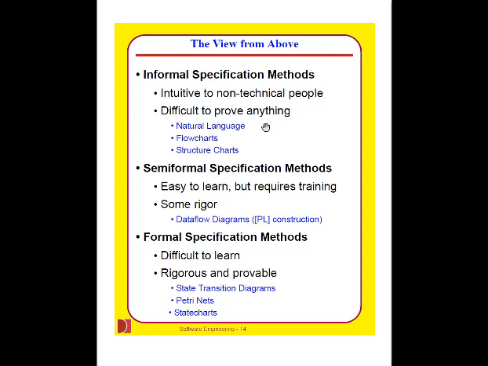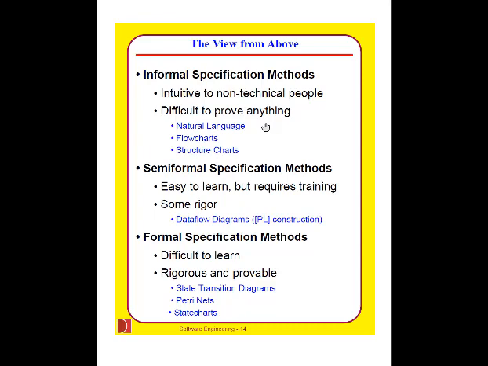And then there are formal specification methods. These tend to be difficult to learn, but they're rigorous and provable, and that's the key. They provide some good mechanisms; they have a valid logic associated with them, its syntax, etc. Now, examples of the formal specification methods include state transition diagrams, which we've already seen, but also Petri nets.